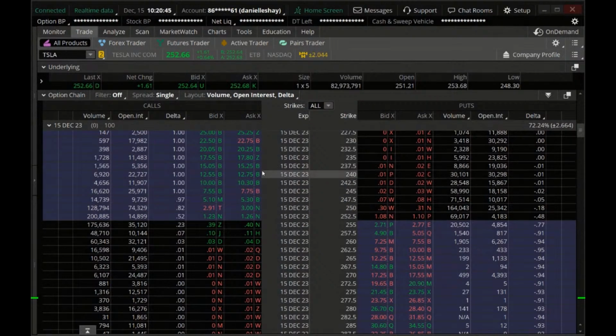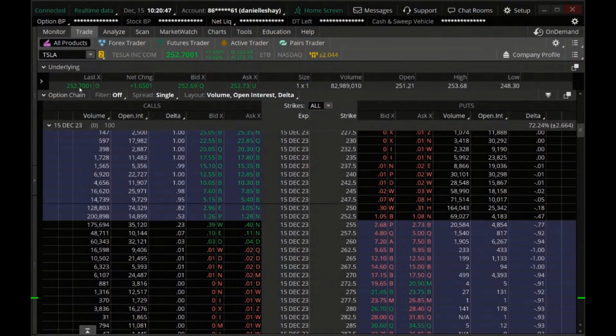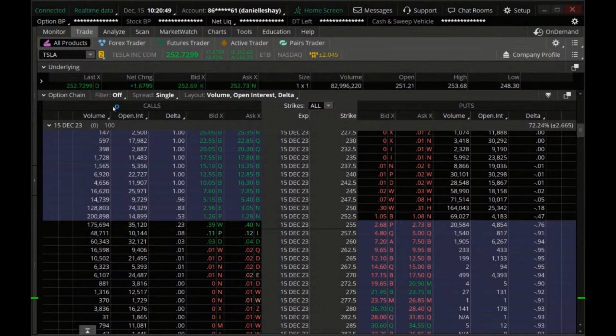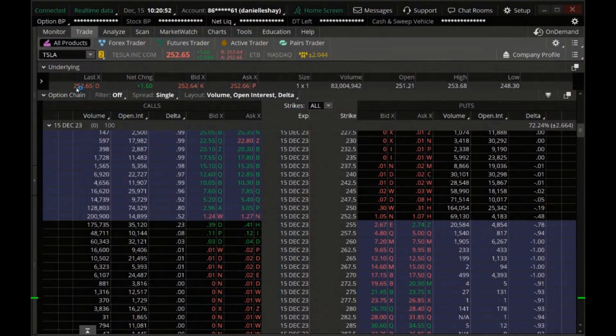Generally, the best thing to do is going to be to identify the middle strike that you want to use and wait until the ticker is right near that middle strike. So right here, you're at 252.65.